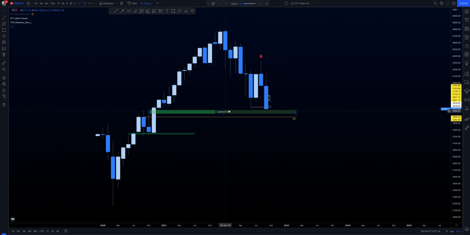And then we've got this monthly fair value gap, so we could expect to see some form of a reaction here. However, on the monthly time frame, this swing high has now been confirmed because it's traded below this candle.